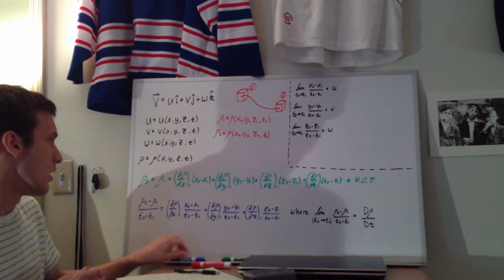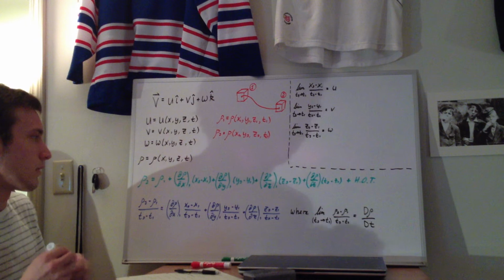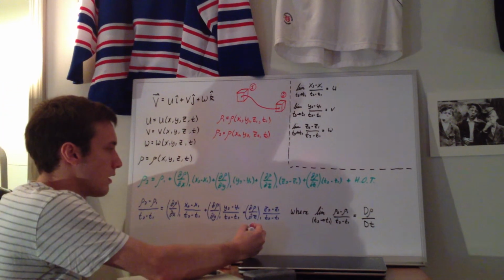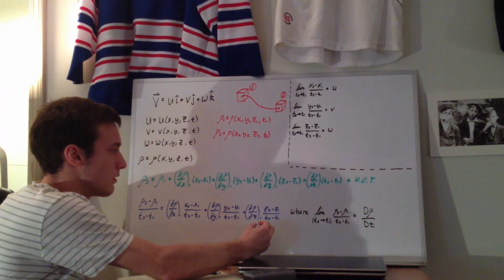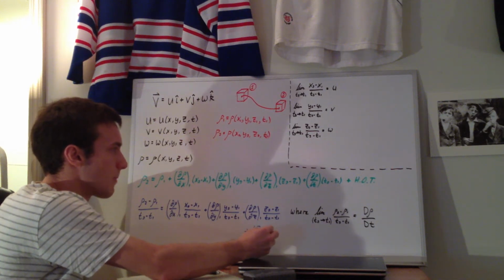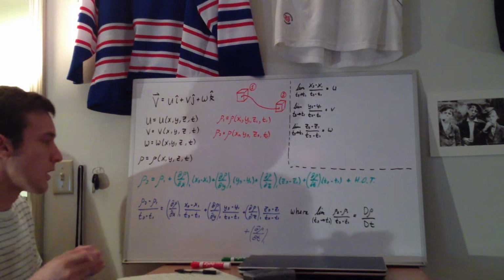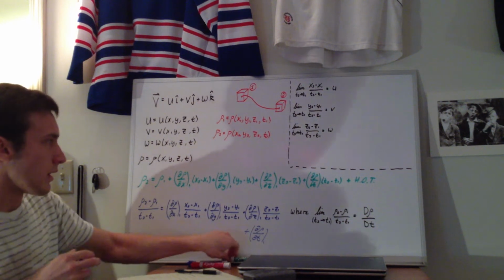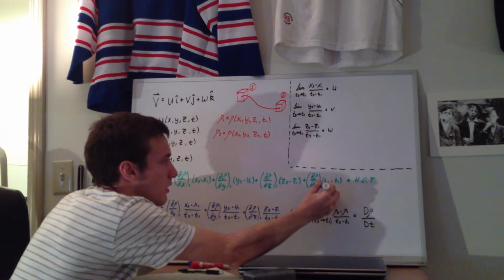And then we also have, that I forgot to put here, the partial of rho with respect to t term at 1. I forgot a lot of things. And this is also at 1.